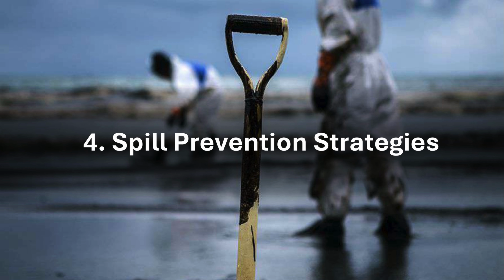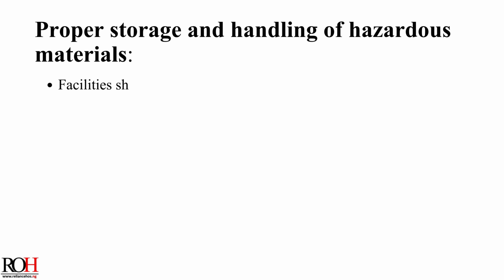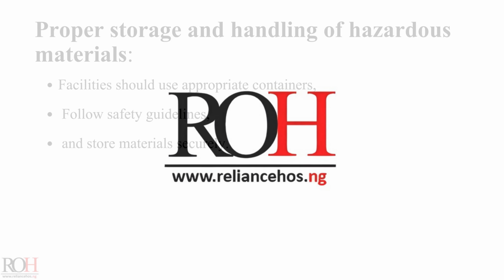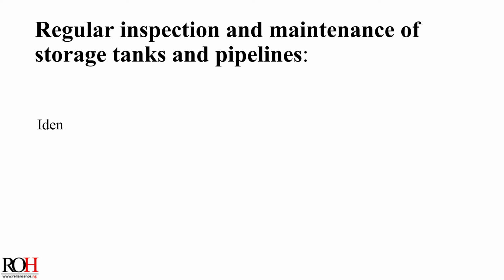4. Spill prevention strategies. Proper storage and handling of hazardous materials. Facilities should use appropriate containers, follow safety guidelines, and store materials securely. Regular inspection and maintenance of storage tanks and pipelines.